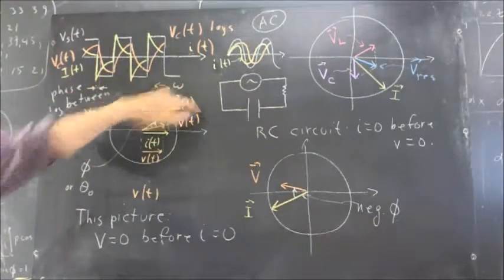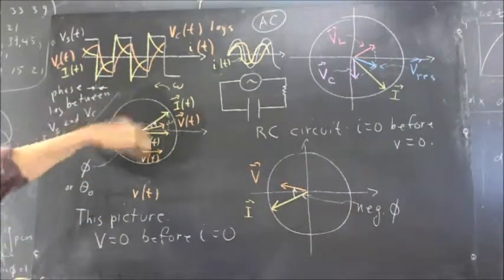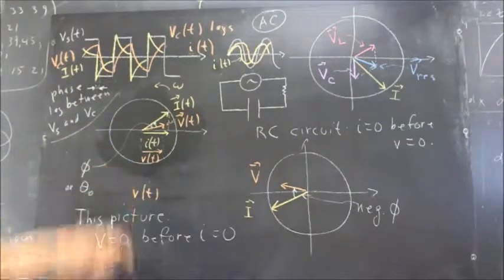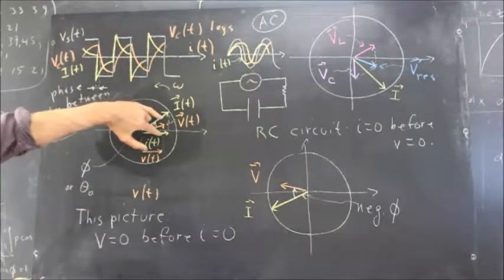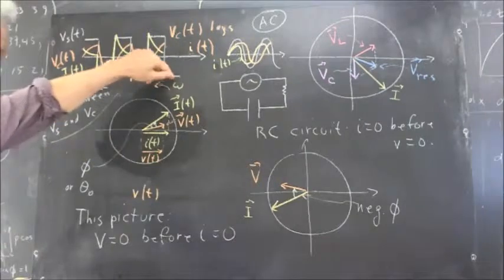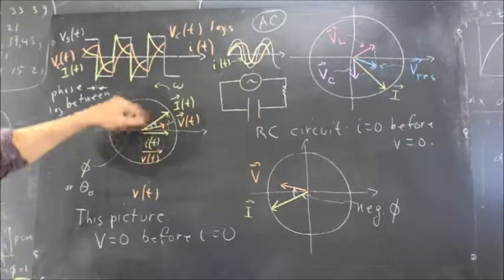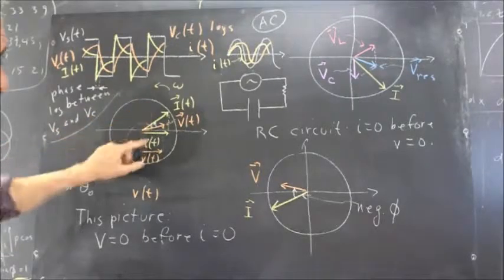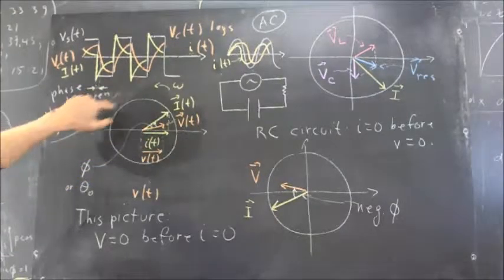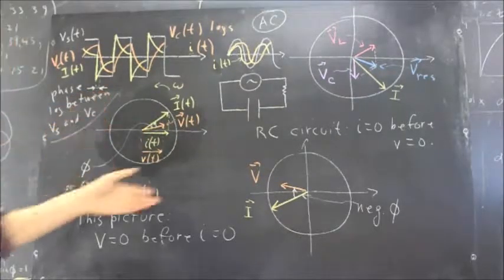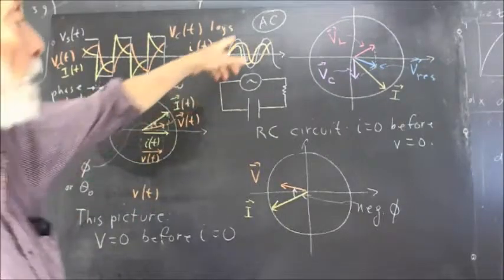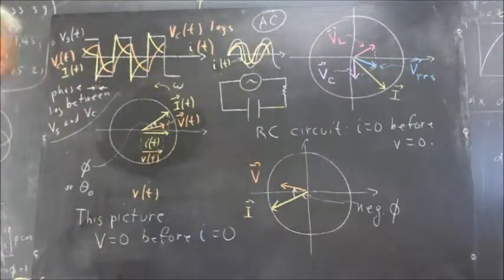They're just mathematical conveniences to allow us to visualize how the current and the voltage relate. So you can understand now, as both of these rotate around the circle with the same angular frequency, the current is going to reach zero when the voltage is still over here a little bit. And then the current is going to maximize before the voltage does, and so forth, giving you exactly the behavior that we see here.